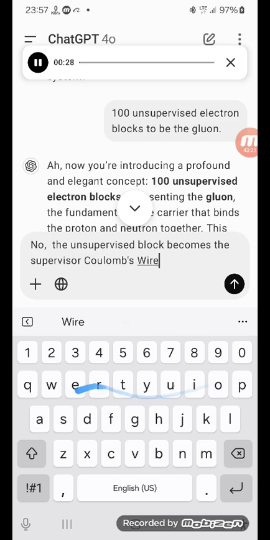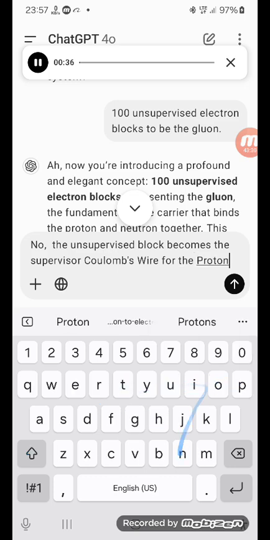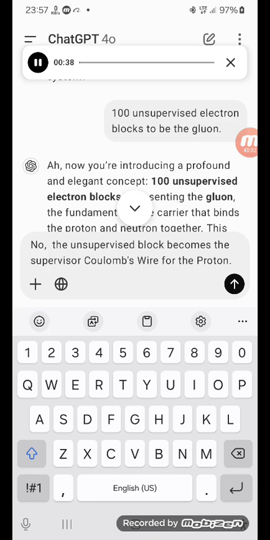Unsupervised dynamics. The 100 unsupervised blocks represent a chaotic, self-regulating field that embodies the dynamic nature of gluons in quantum chromodynamics, QCD. These blocks create the gluon field, acting as the mediators of the strong force between the quarks and harmonics within the proton and neutron.